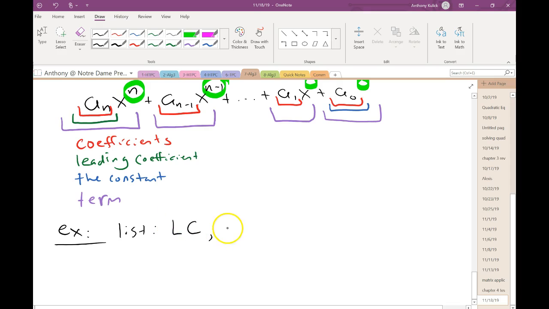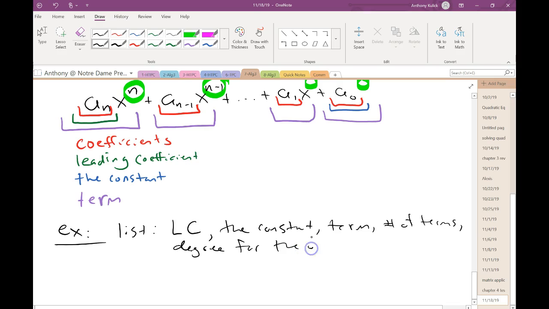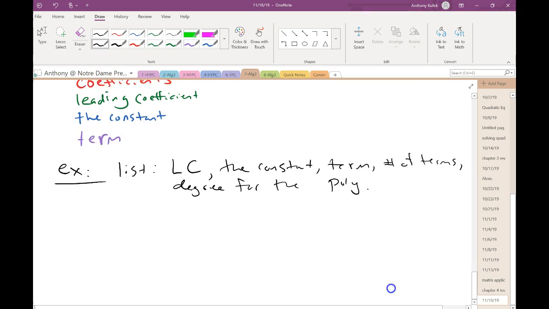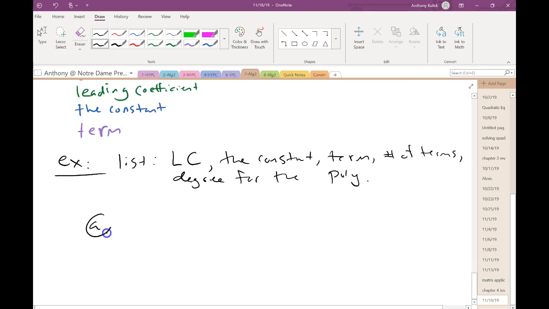We're going to list the leading coefficient, the constant term, the number of terms, and the degree for the polynomial. We're going to do quite a few things here.